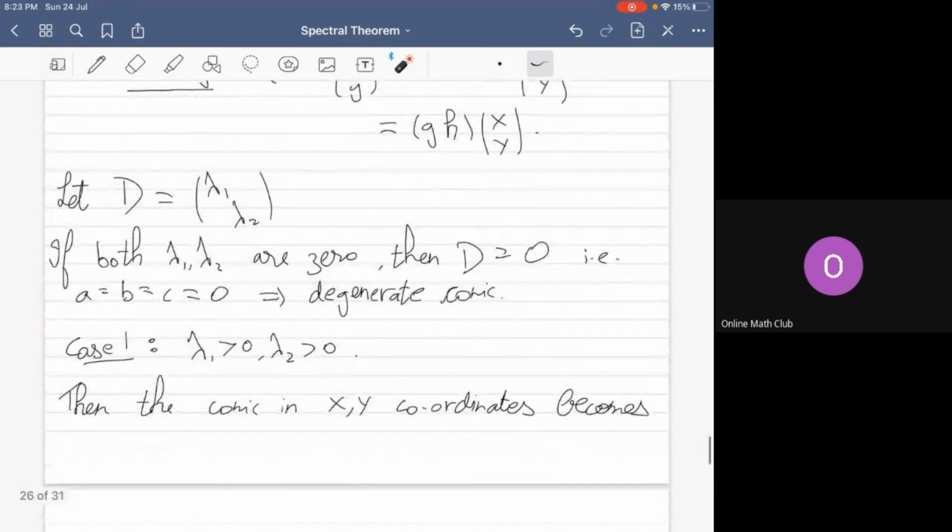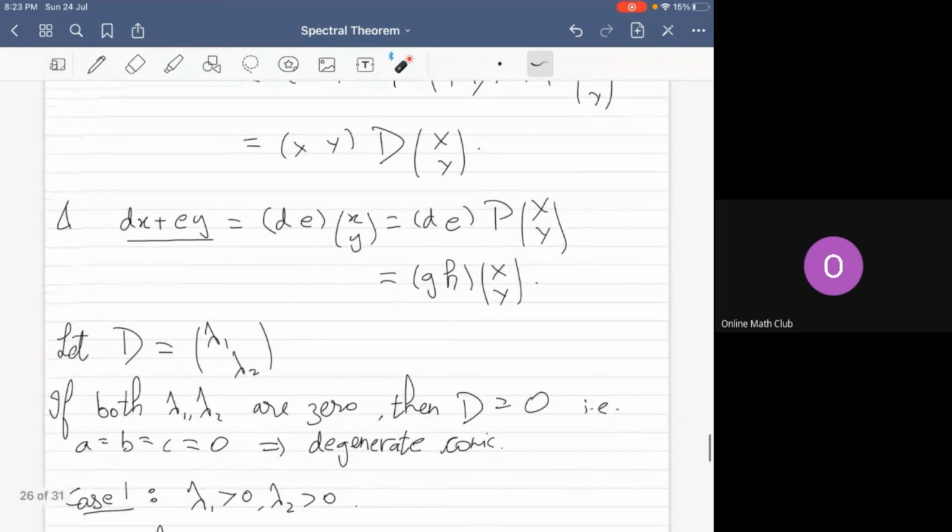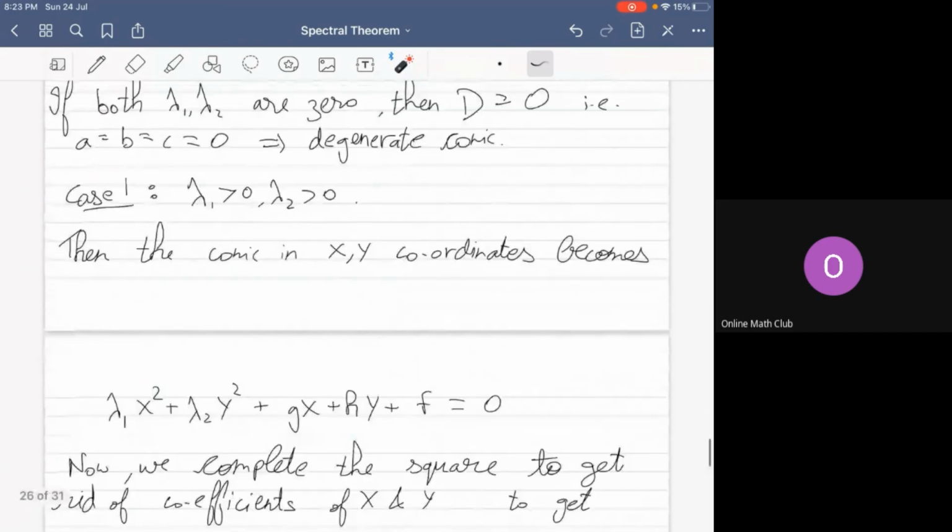And now if D is the diagonal matrix lambda 1, lambda 2, then we split into cases.